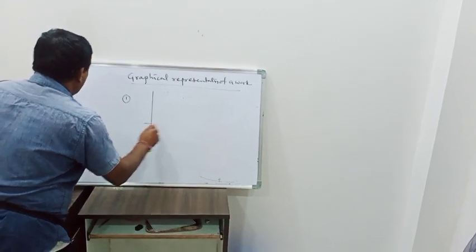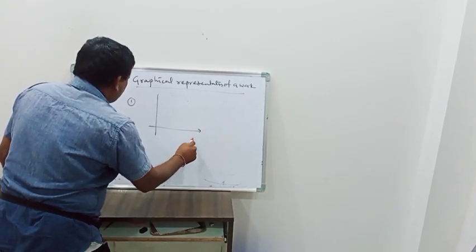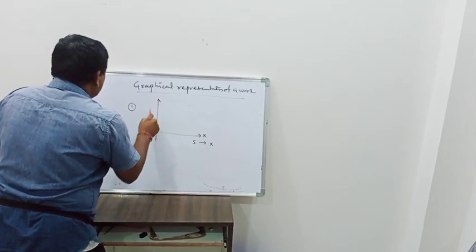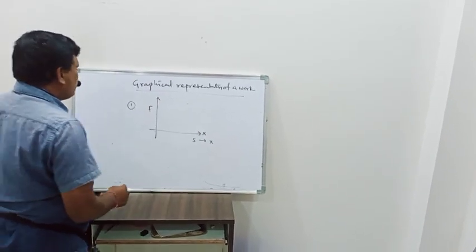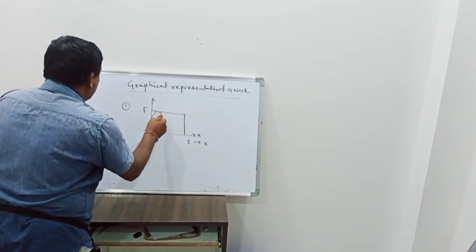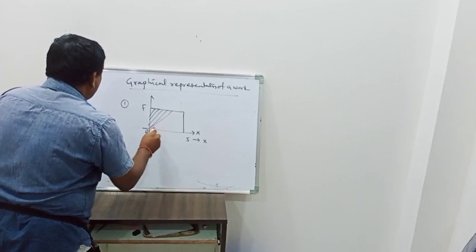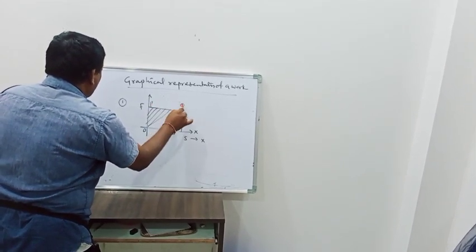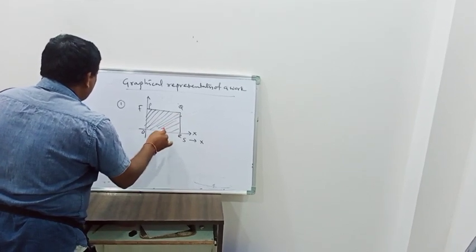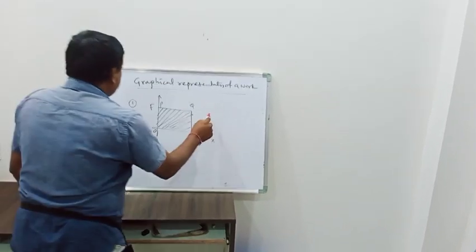If you take the displacement values along the x-axis and force values along the y-axis, then you will get a graph, and the area of OPQR gives the work done.